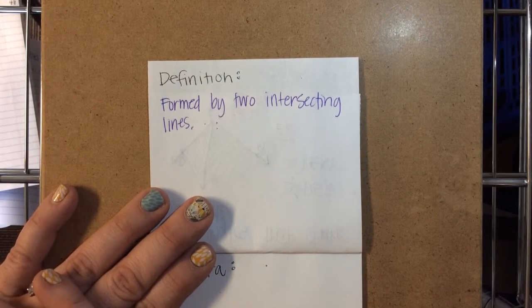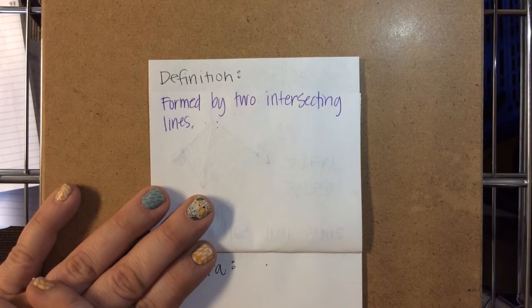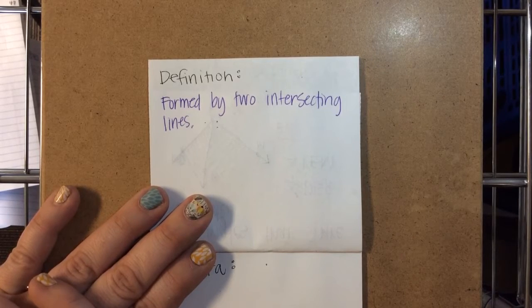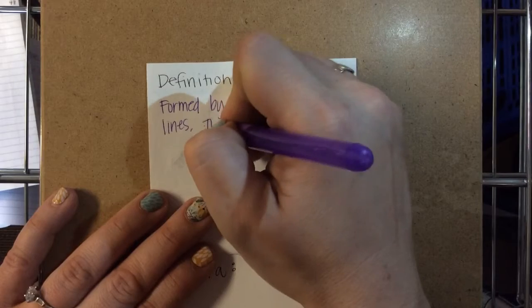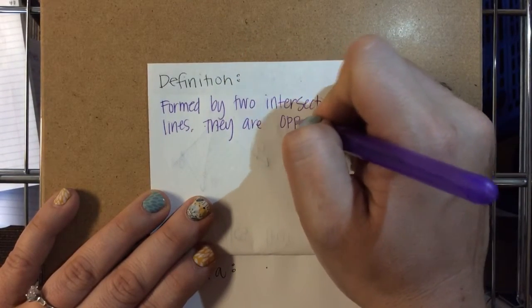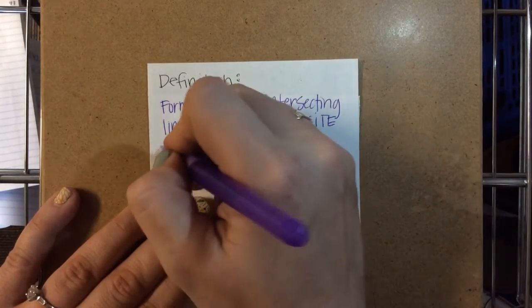What does it mean to intersect? Skylar? Yeah, they cross over each other. An intersection is where two roads cross. Intersecting lines. Here's how to remember. They are opposite each other.